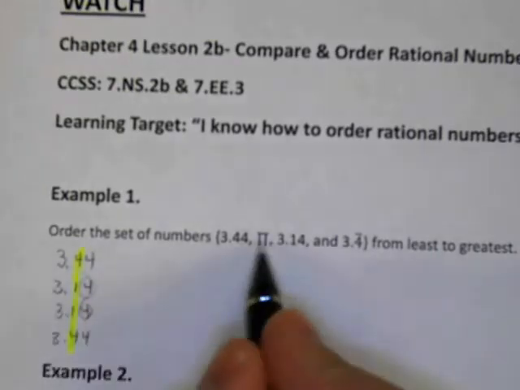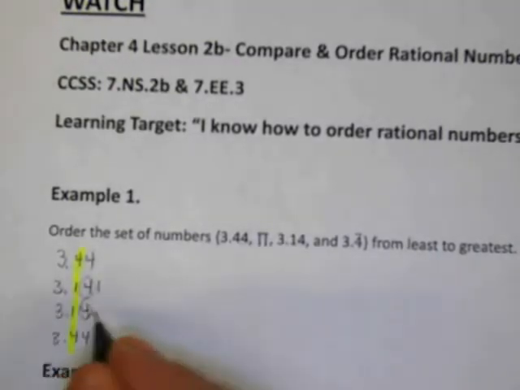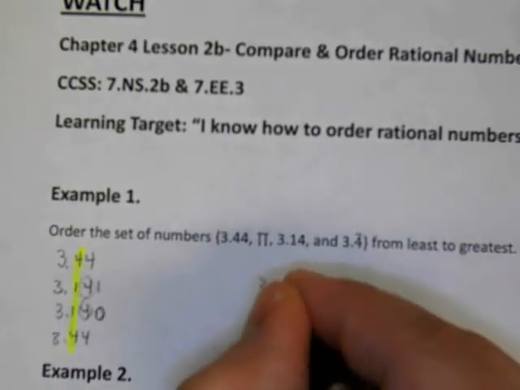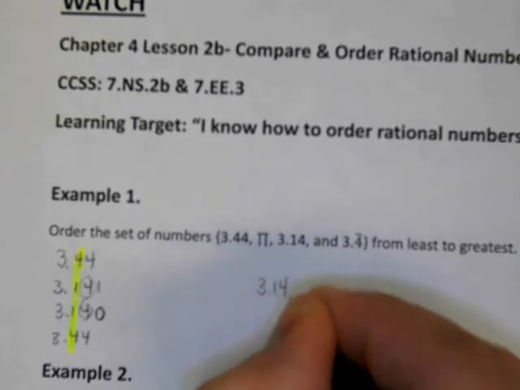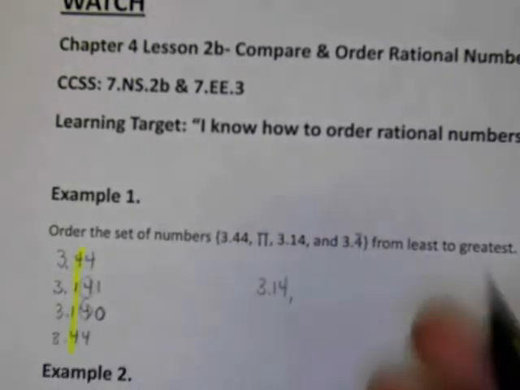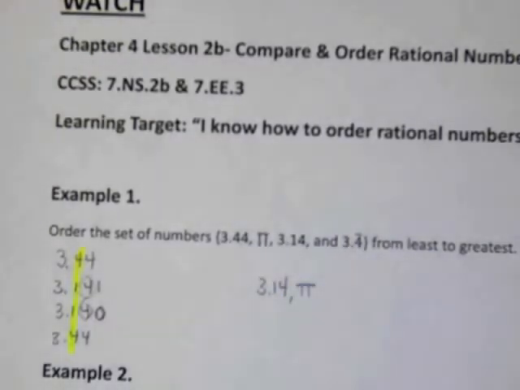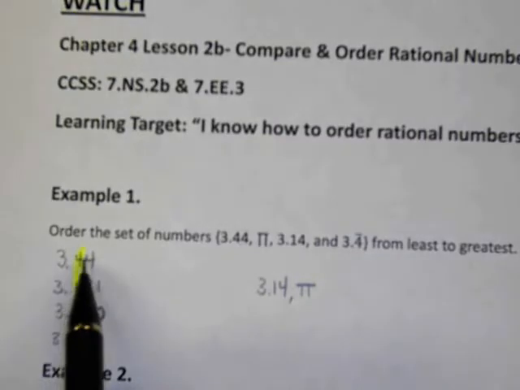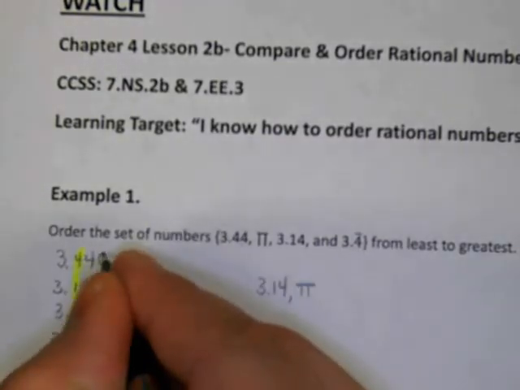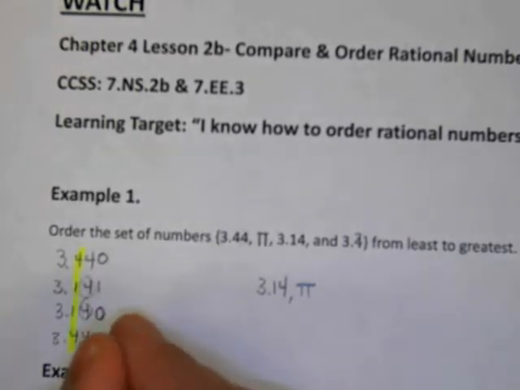But we know that for pi, it goes 3.141, and 3.14 is just going to have a 0 next to it. Therefore, 3.14 is going to be the least. Okay, so then that means that pi is going to be the second. And if we go up to here now, 3.44, the next number after that is 0, and this number is going to be 3.444.